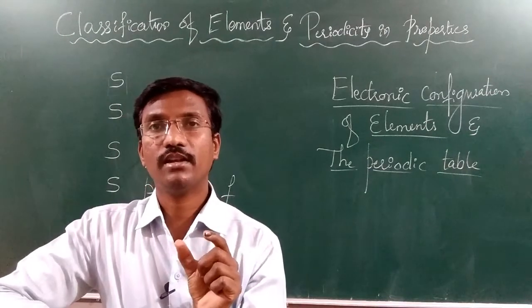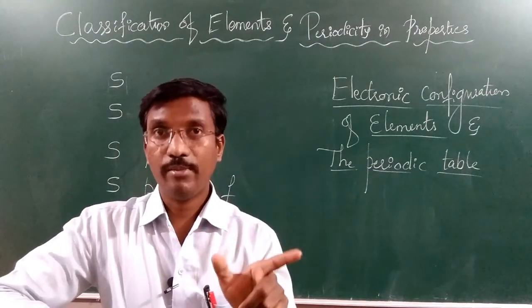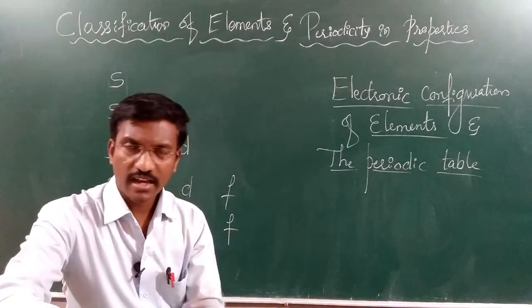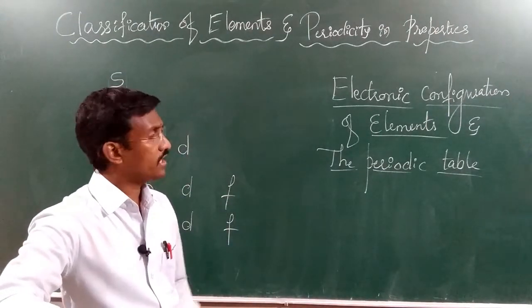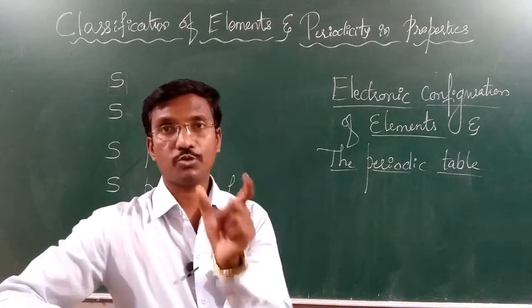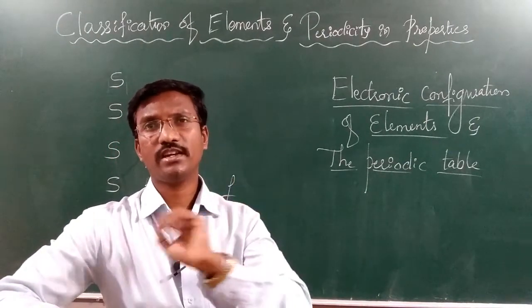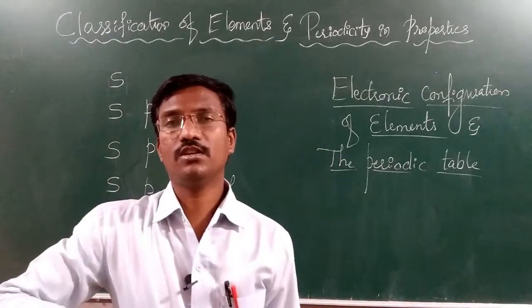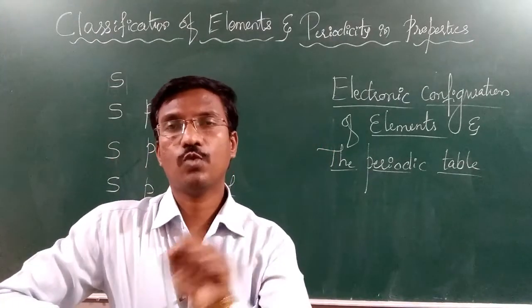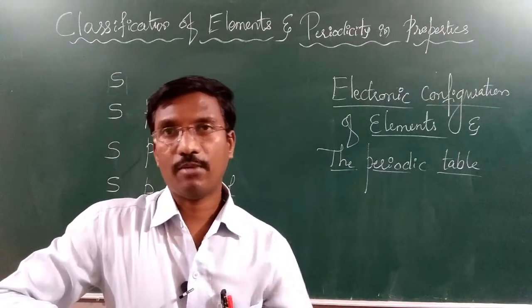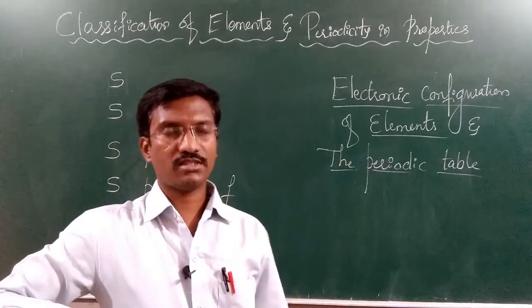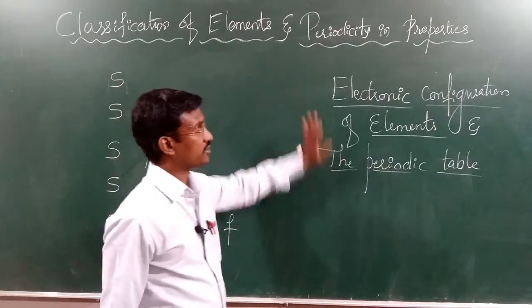No doubt the elements are arranged on the basis of properties, but their position and property are totally based on electronic configuration. What is that electronic configuration? Very few of those who have completed CBSE are familiar with the electronic configuration representation. Those from the state syllabus are strangers to it.